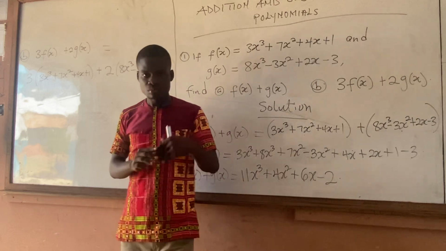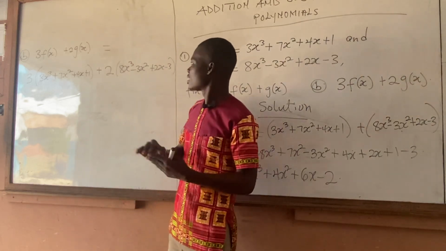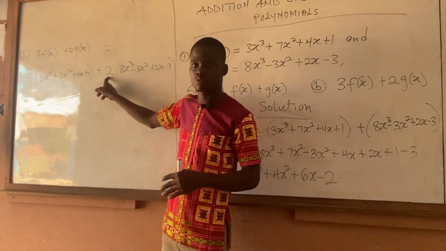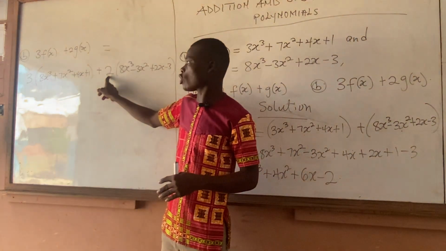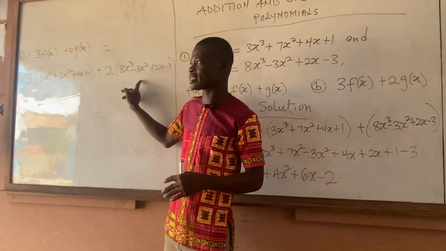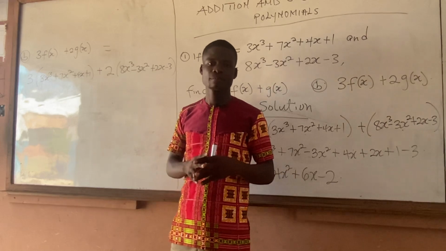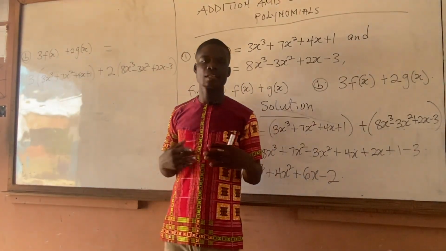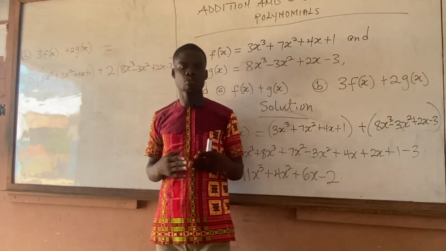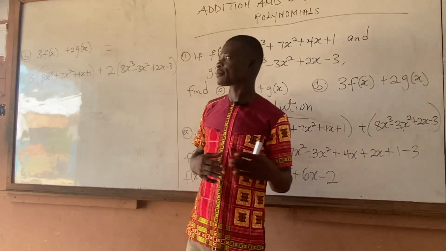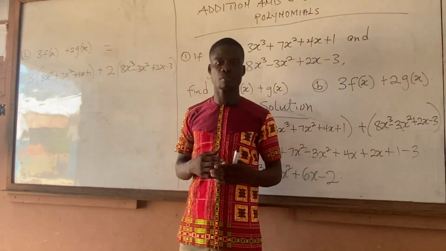After that, use the constant term 2 to expand or multiply each of the terms in the second bracket. Take your time to expand that. So now, let's solve it.